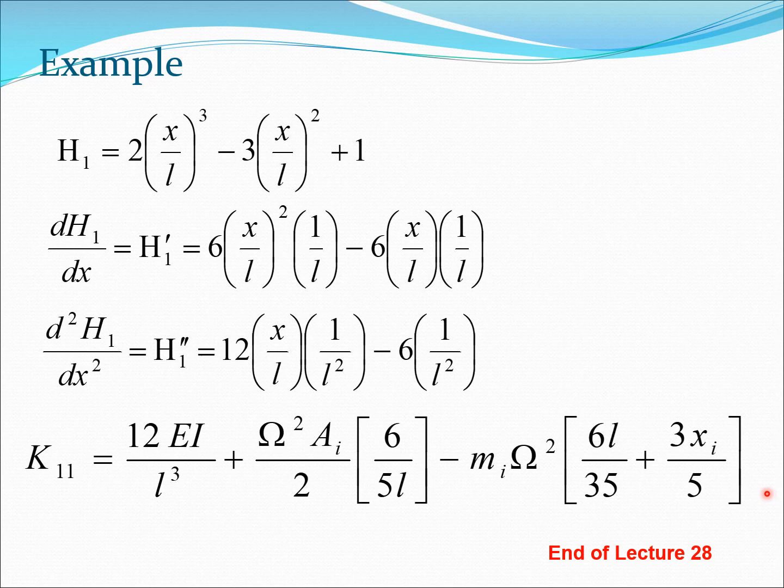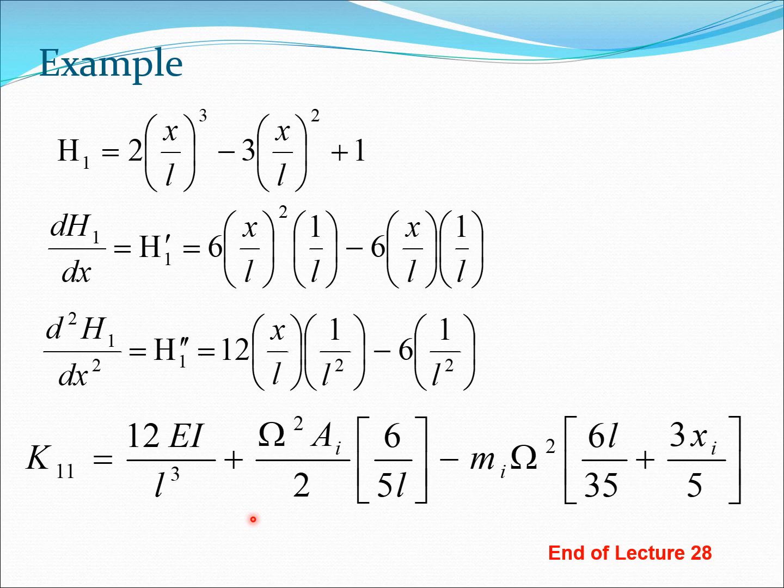Interesting thing is that the centrifugal effect shows up in stiffness, and so the stiffness matrix actually contains mass terms here. So that's something which is very interesting, and people find it somewhat counterintuitive because there is a mass, of course, in the mass matrix, and of course now there is a mass in the stiffness matrix also.